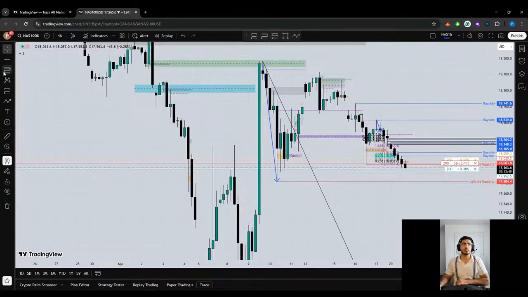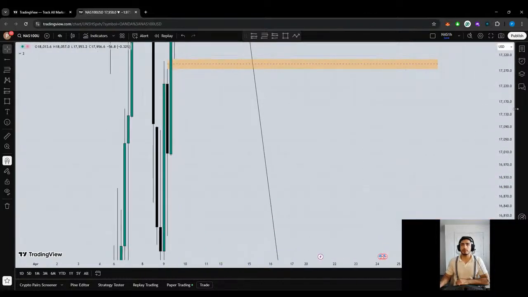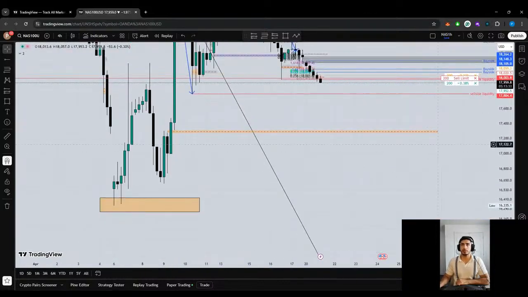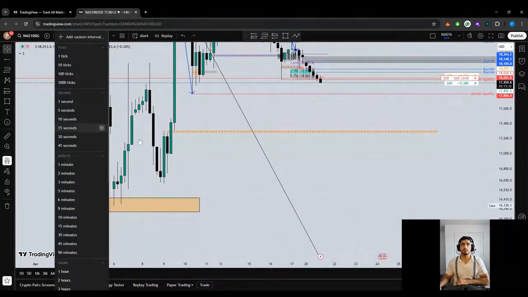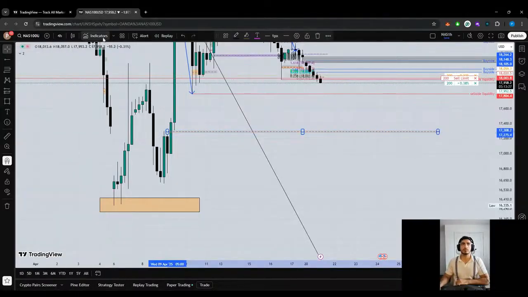Right here, the 4 hour is this fair value gap. So, fair value gap and a half. This fair value gap over here on the 4 hour is the last one to be tapped into. This FVG, boom. Go back to the minute.